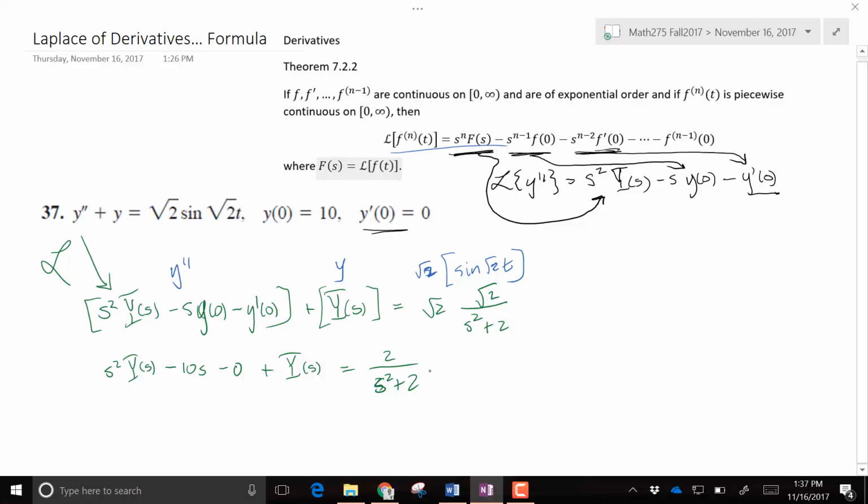And then on the other side, we have square root of 2 times square root of 2. We'll call that 2 for now, and I'm sure we're going to come back with square root of 2 later on as our solution.